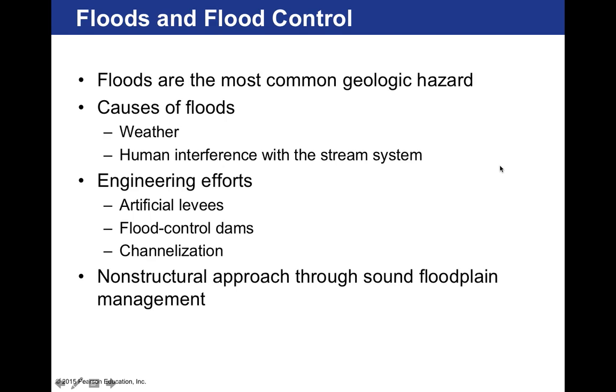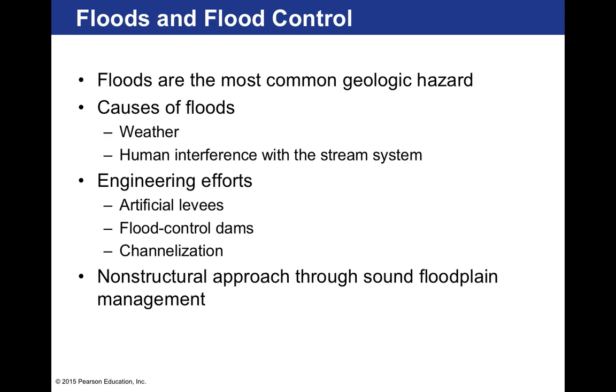All right, so just some information about floods. They're obviously the most common geological hazard, and they can be caused by weather. If you have a very large amount of rainstorms happening in succession, you can have natural flooding. But then also you can have floods occurring because of human interference with that stream system. So there are some engineering efforts to try to control floods.